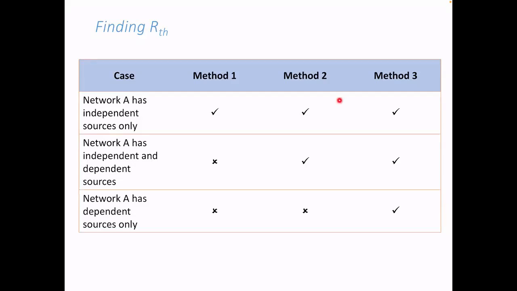The next method, method 2, will work when the network has both independent and dependent sources. So you get the ratio of the open circuit voltage and the short circuit current. That will also work, by the way, for this case. And then the last method that we took up, method 3, will work all the time. But that is the only method you have available when your network has dependent sources only. Any question with regard to finding RTH?